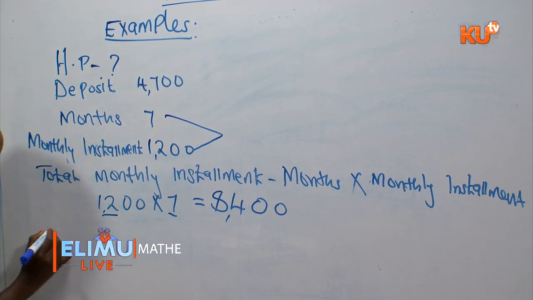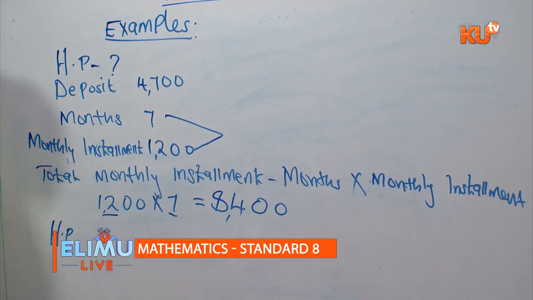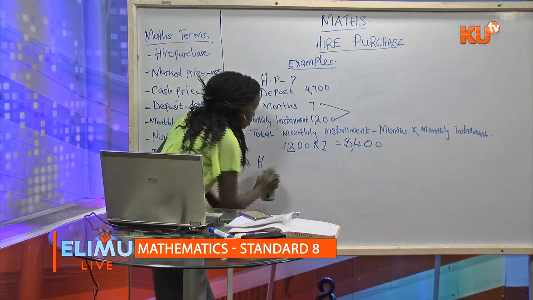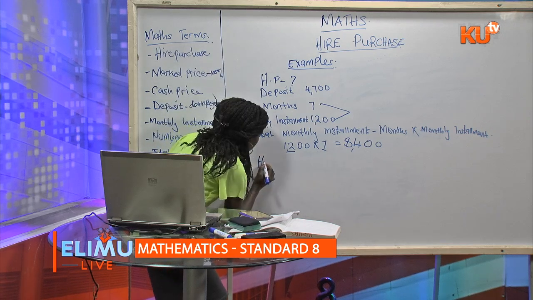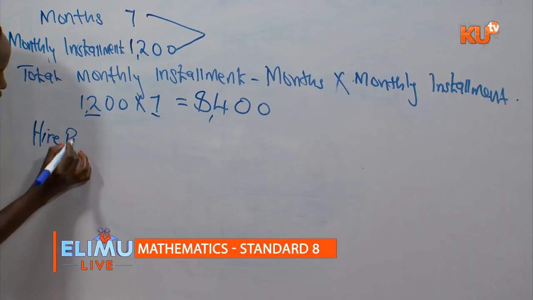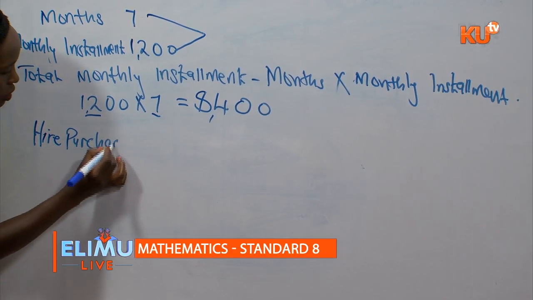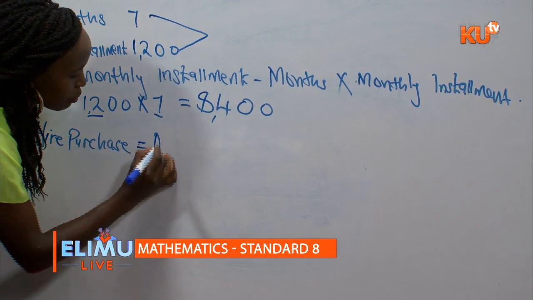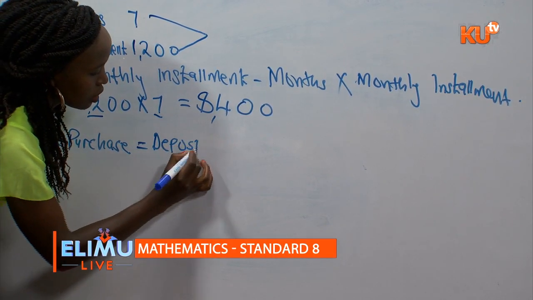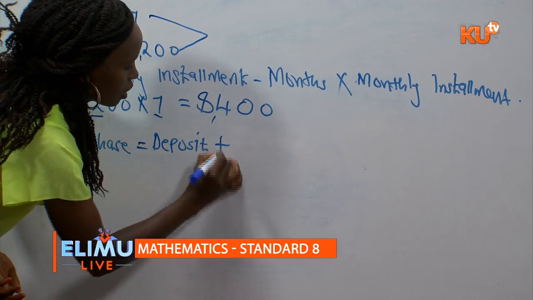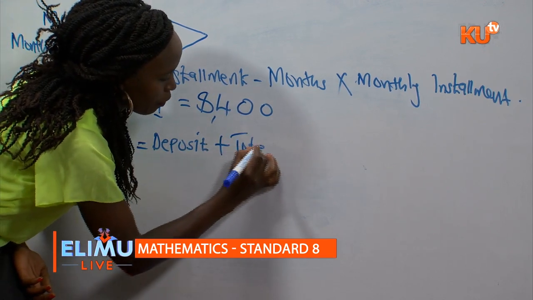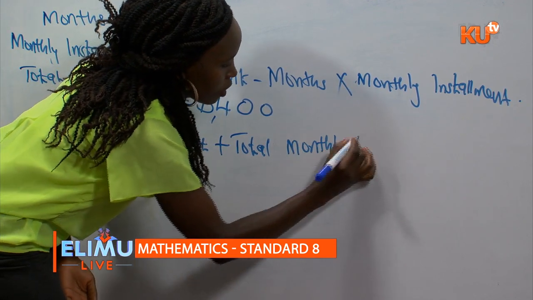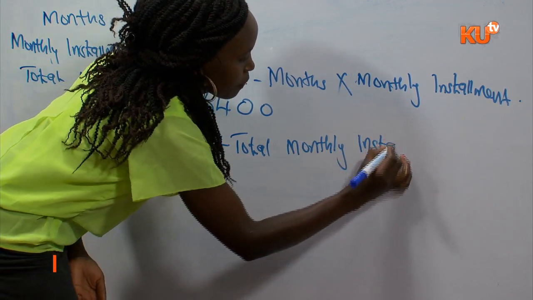We go to hire purchase. The question wanted us to get the hire purchase. So to get the hire purchase, we take now the deposit and add the total monthly installment.